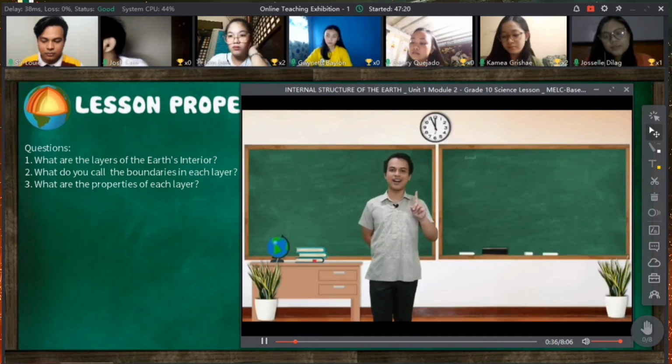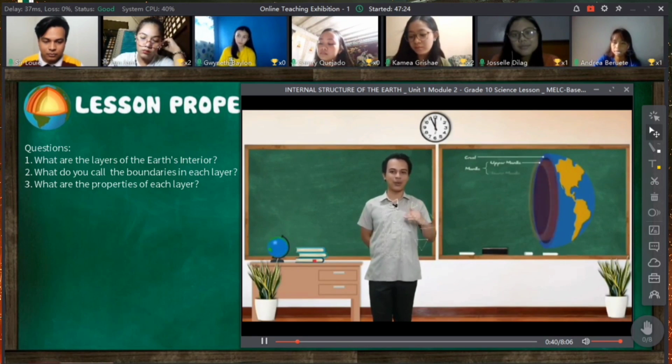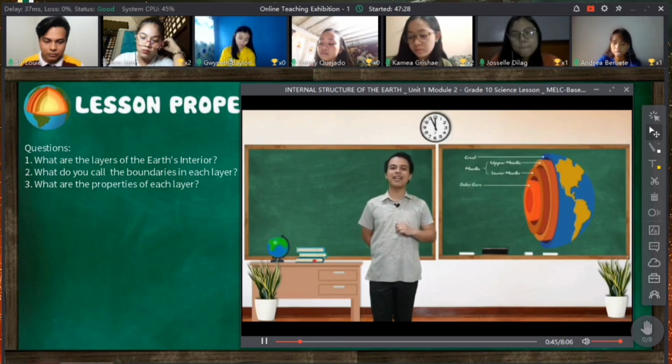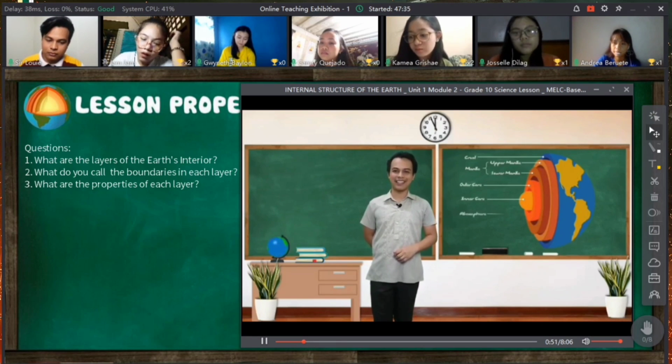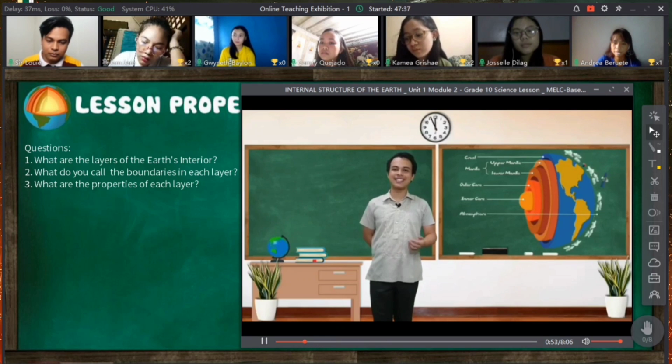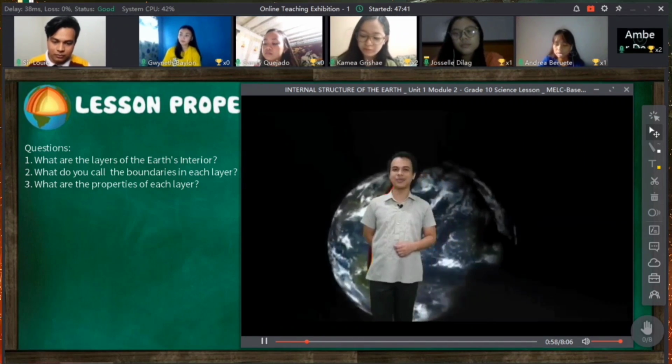The first one is the crust. The second one is the mantle na nahati sa upper at lower na bahagi. Pangatlo ay ang outer core. Pang-apat naman ay ang inner core. At ang panglima, mahuhulaan nyo ba? Tama, ang ating atmosphere. Let us discuss these concentric layers one by one, starting with the innermost.